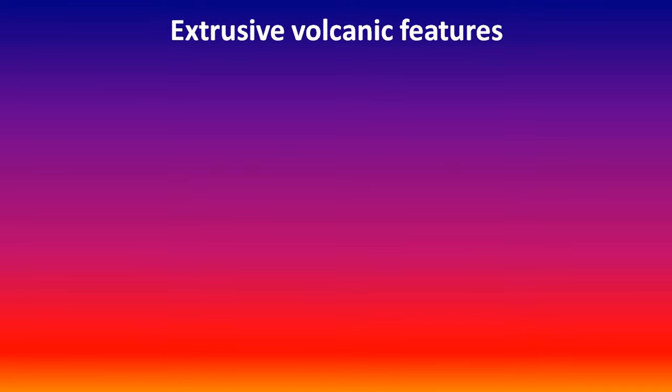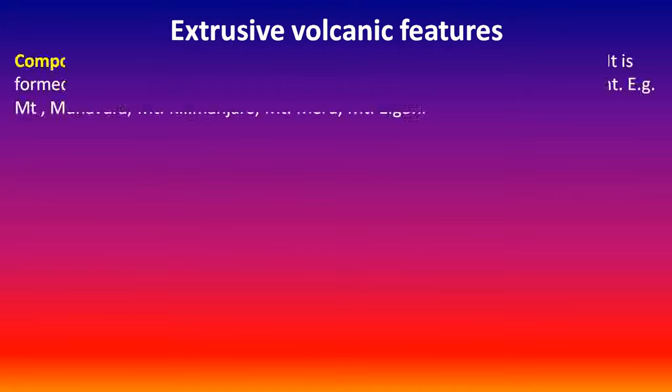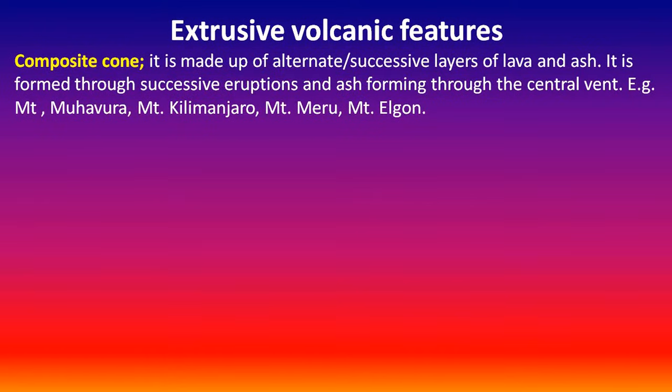So we want to start with what they call extrusive volcanic features. These are formed outside the earth crust. Number one, we have the composite cone. It is made up of alternate successive layers of lava and ash. It is formed through successive eruption and ash forming through the central vent.